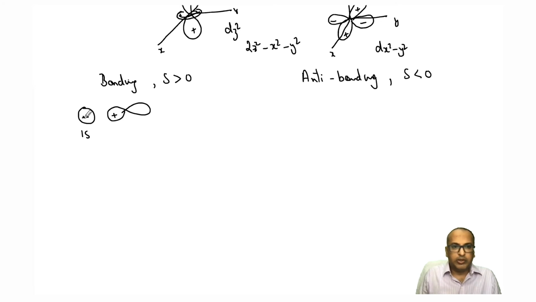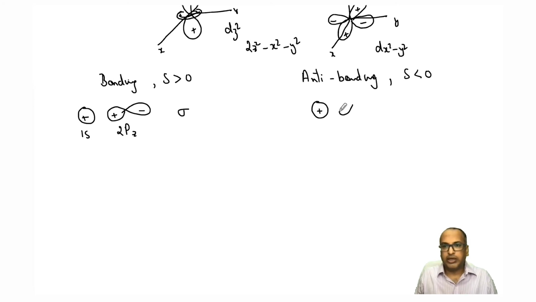So positive side, negative side. This is 2pz. This would be called sigma. And if my s is interacting from the other side, you have negative, positive 2pz, 1s. This would be called sigma star, right? You must have seen that when you describe the bonding pictures. So bonding interaction, anti-bonding interaction.